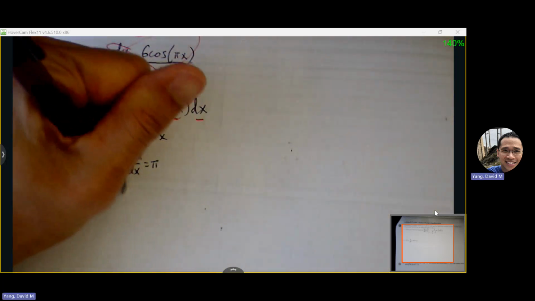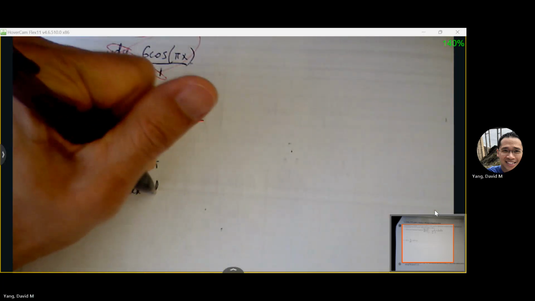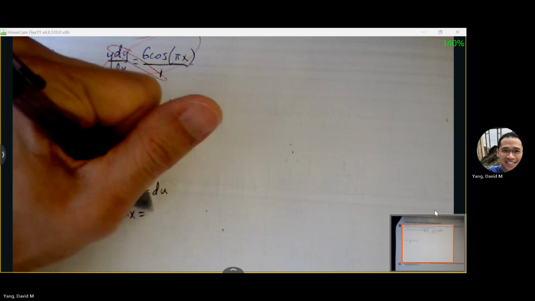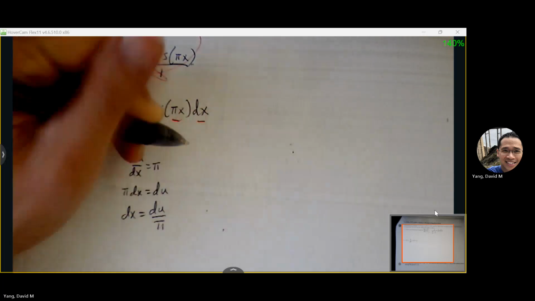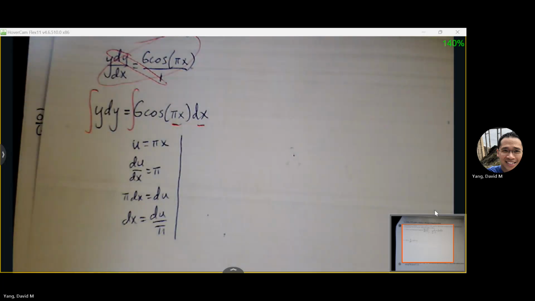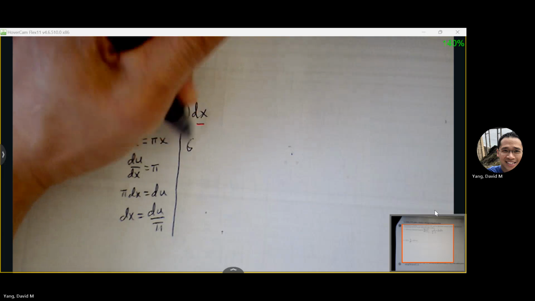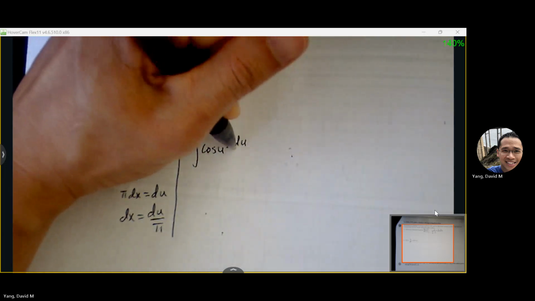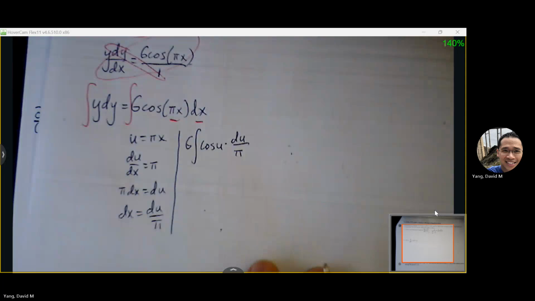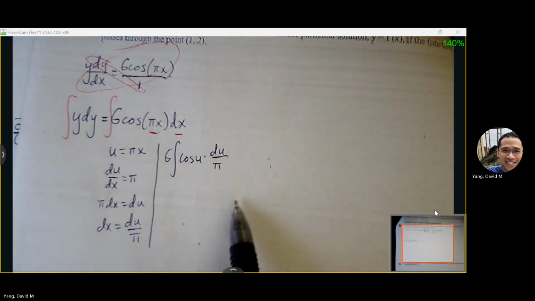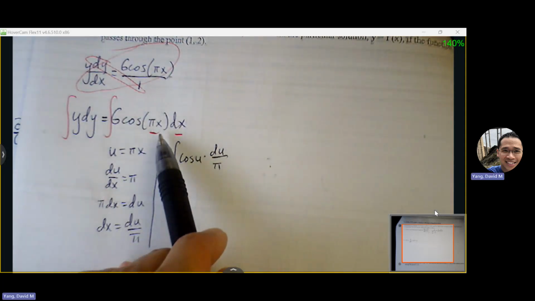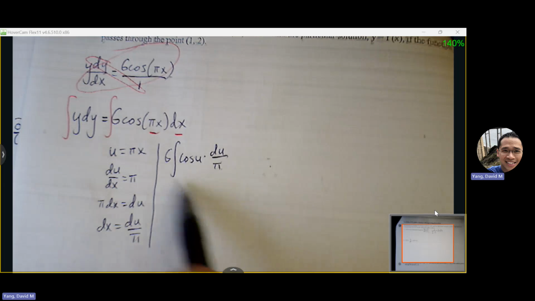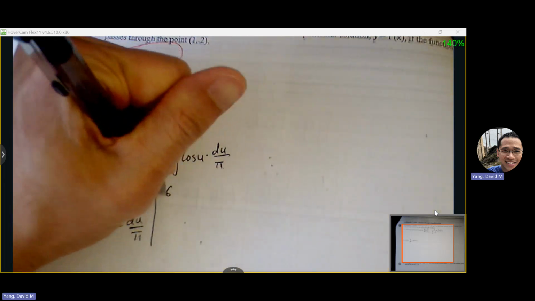Cross multiply. Replace pi x with u, replace dx with du over pi. I can pull the pi out in front as a coefficient.